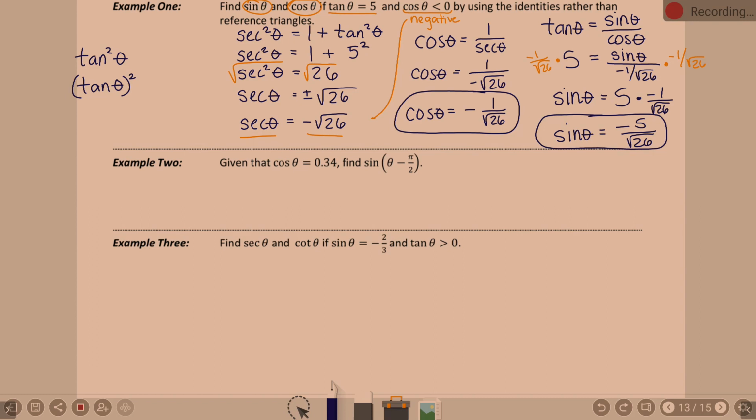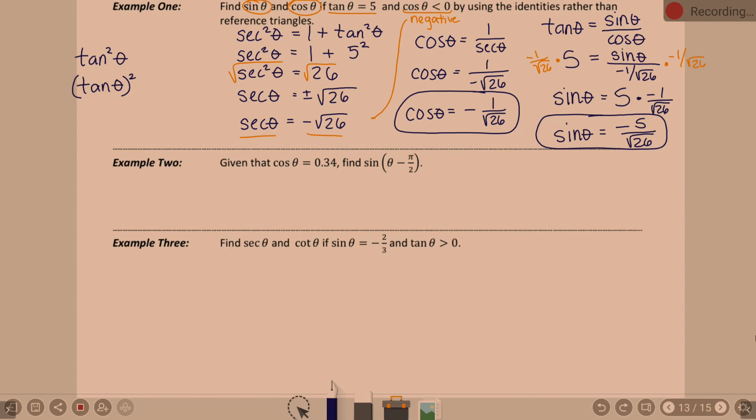Okay. You guys saw the quotient identity and went for it, and that was going to be my recommendation. Technically, a side note, just throwing it out there for you: at this point, we knew cosine and we needed to find sine. Another option could have been using a different Pythagorean identity.